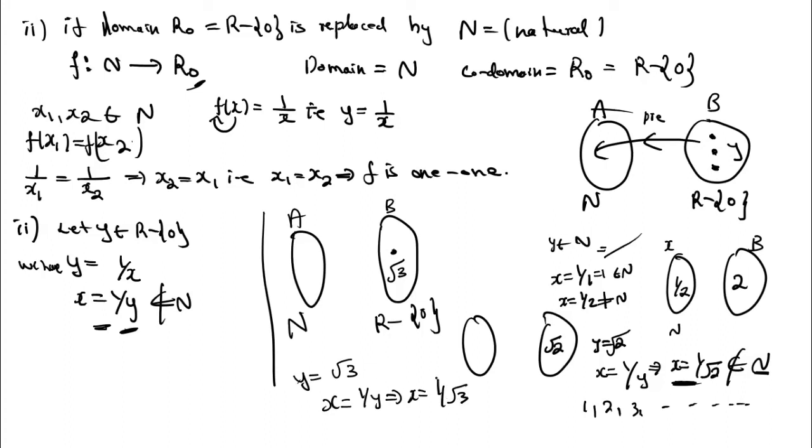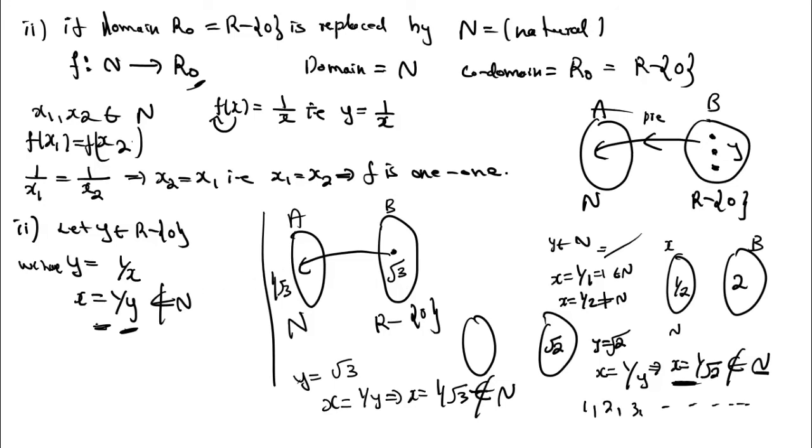But x is a natural number, right? If root 3 is given, what do you have to get here? 1 by root 3. But 1 by root 3 does not belong to natural numbers. We can't find 1 by root 3 or 1 by 3 or 1 by 10 in natural numbers, right? If you take elements from the codomain, we can't find a pre-image in the domain.